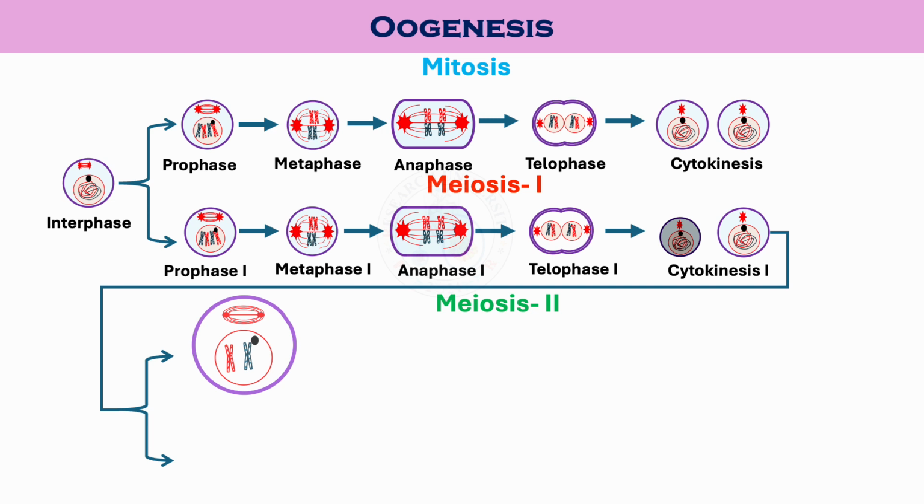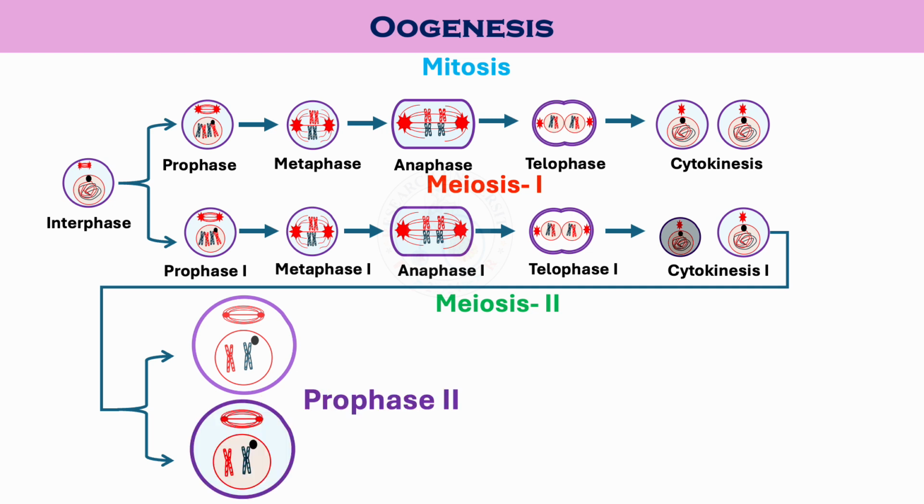During prophase 2, the nuclear envelope breaks down and spindle fibers start to form, and chromosomes, each consisting of two sister chromatids, condense to become visible under the microscope, and then the cell enters metaphase 2.